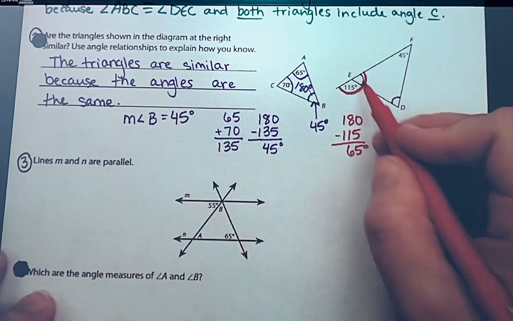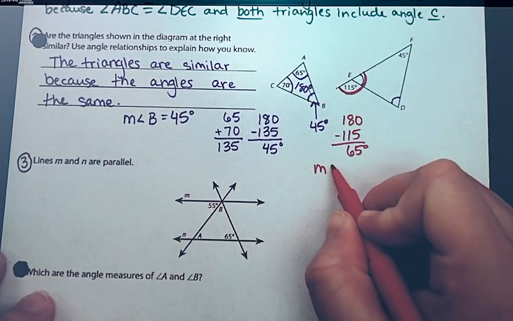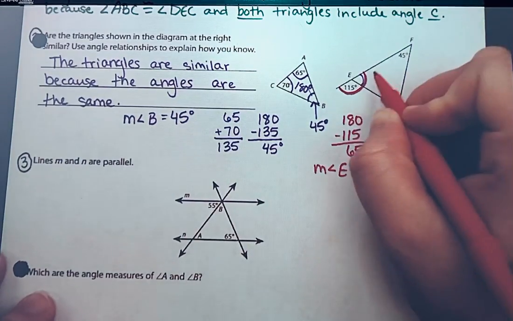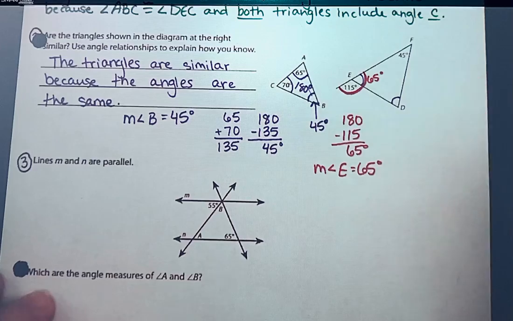So I know E, the measure of angle E, is 65 degrees. Again, I got that by saying a straight line is 180 degrees, and if I know a piece of the line is 115, you just subtract to find the missing angle.